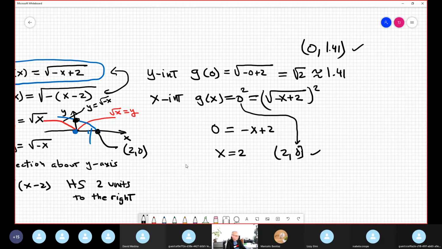Let's move on to question 17. The function is g of x equals square root of minus x plus 2. Let me try.